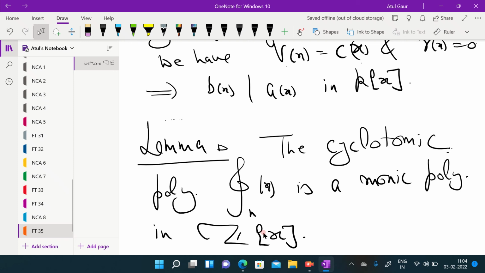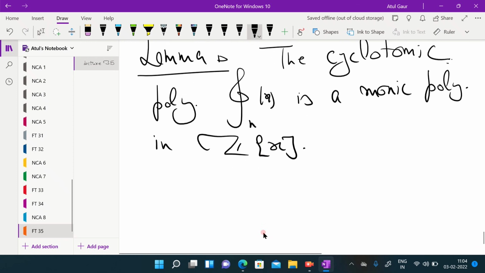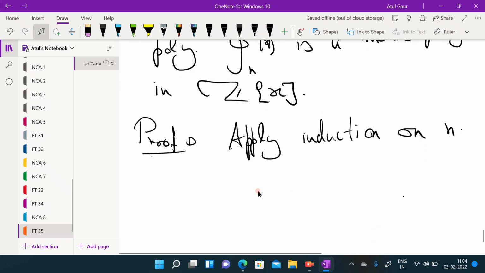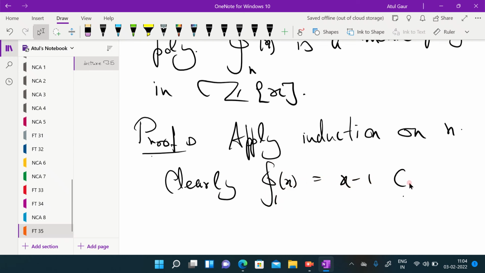Okay? So apply induction on n. For n equals 1, you already know that phi 1 x is x minus 1, so it's a polynomial in zx and is monic as well.